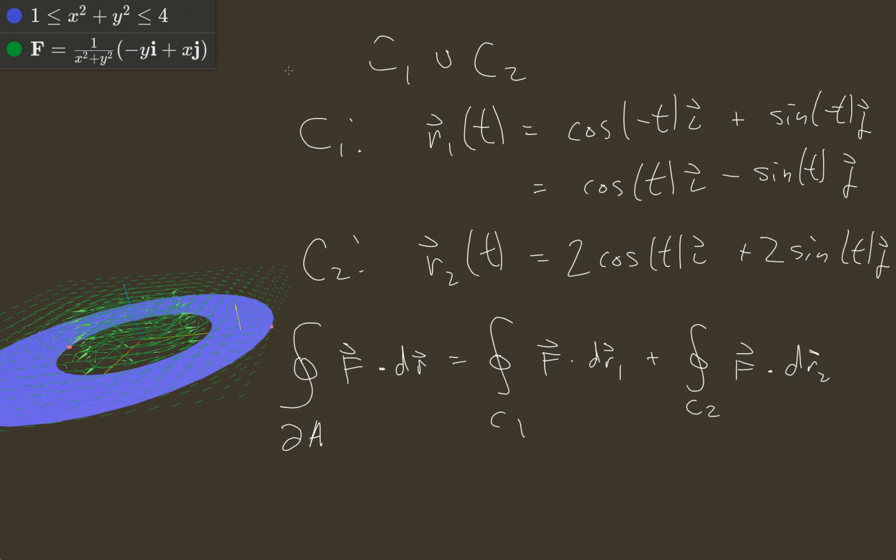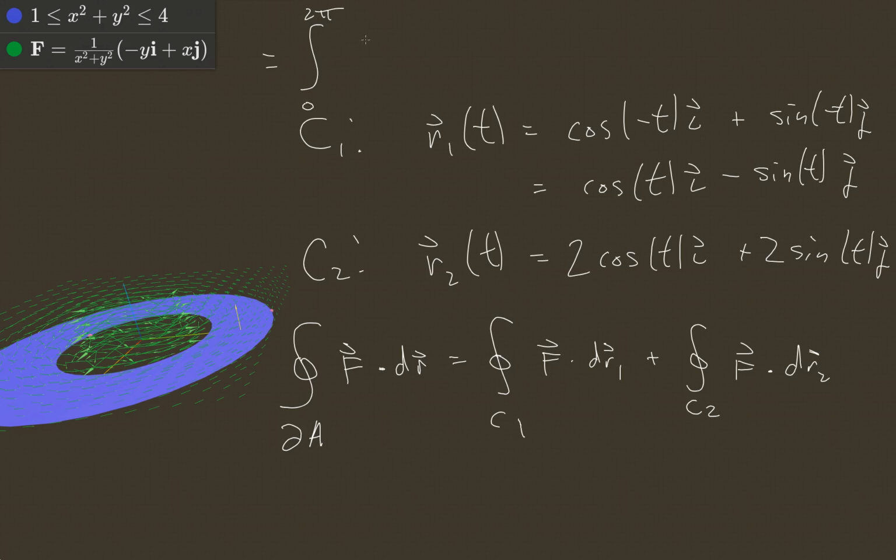Let's see, I never give myself enough room to write things. Okay, so integral from 0 to 2 pi. On the first one, 1 over x squared plus y squared is 1.